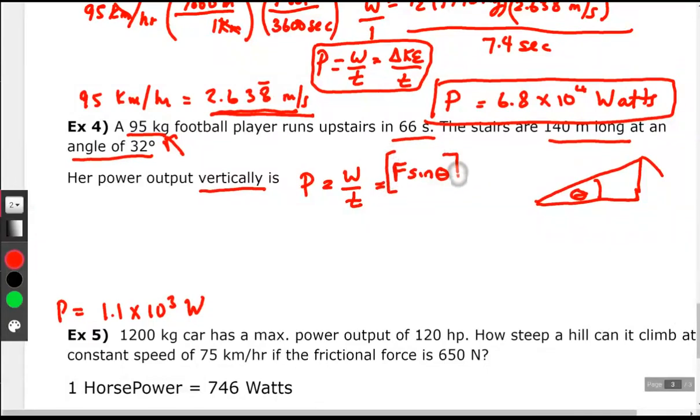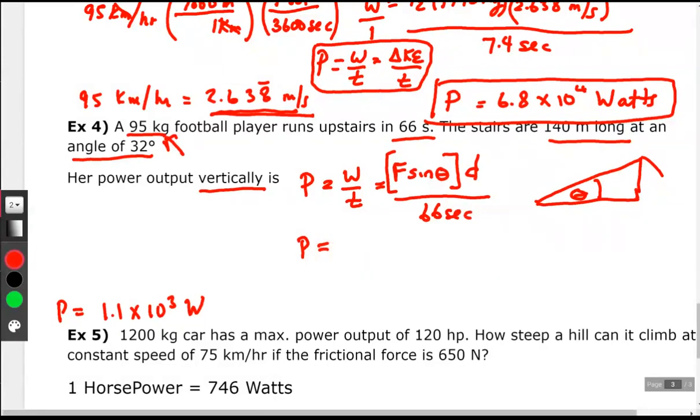But because you want the vertical work, you've got to use the sine of the angle. Anytime you see the vertical output, you use sine, because sine gives the vertical component, times the distance, which is 14 meters, divided by t, which is 6.6 seconds.